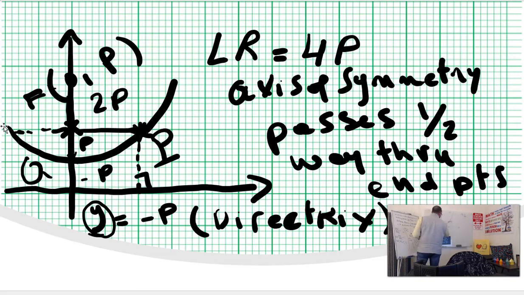Now, this is small p, focal length between V and F. This is my minus p. This is y equals minus p, that fixed line. Remember, it has to be perpendicular. PF here must be equal to PM. And PF divided by PM equals 1, eccentricity equals 1.